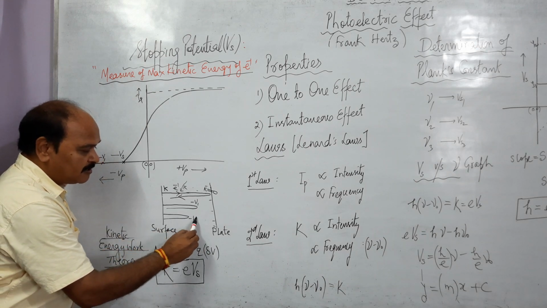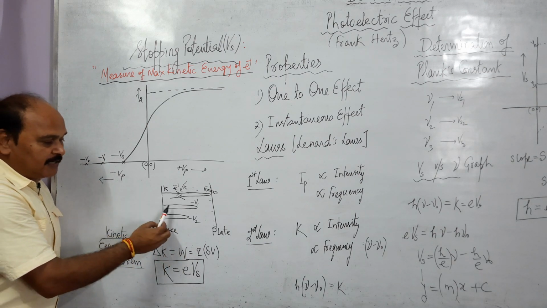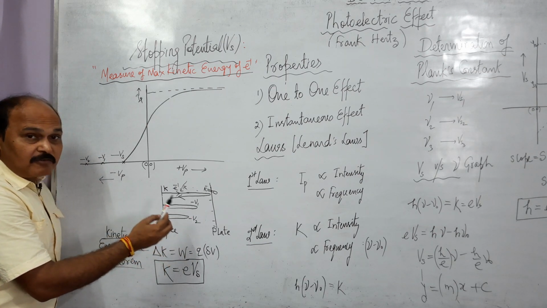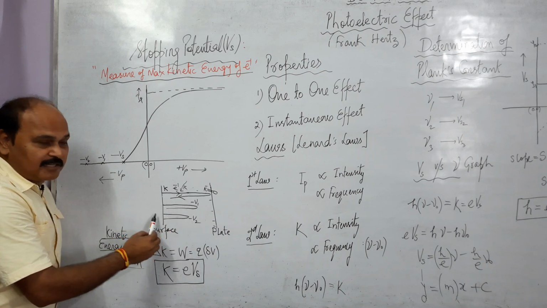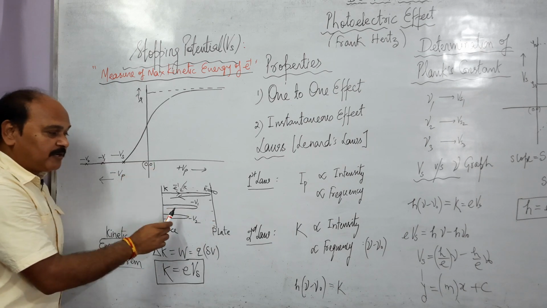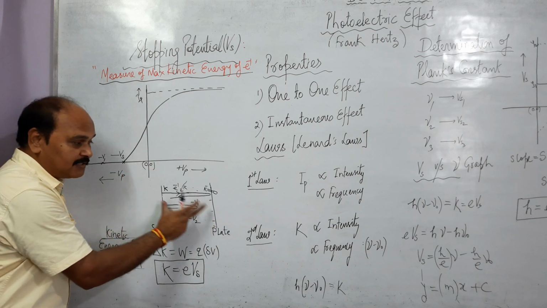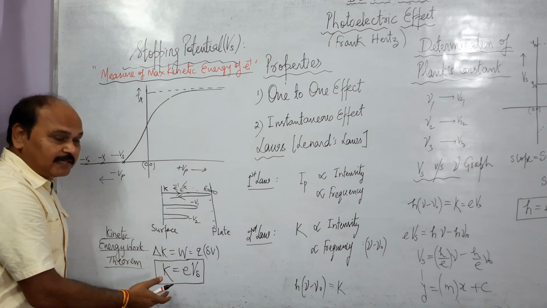This is minus V2. So as the negative potential goes on increasing, the electrons with maximum kinetic energy travel and retrace their path. They do not cover the whole distance. But at stopping potential, the electron covers the whole distance, and as a result, we are able to measure its maximum kinetic energy.